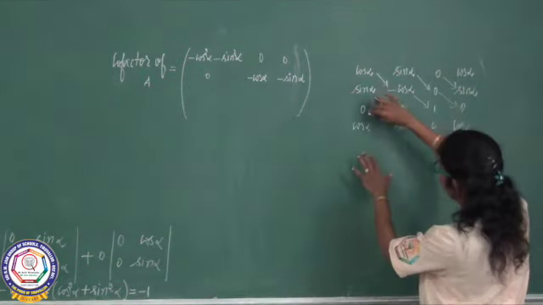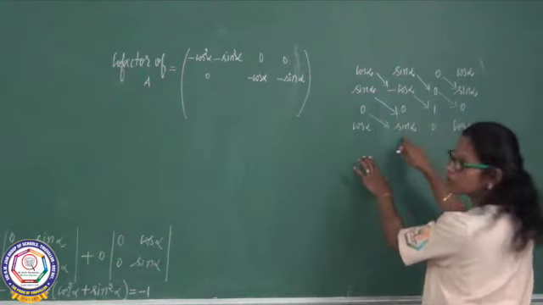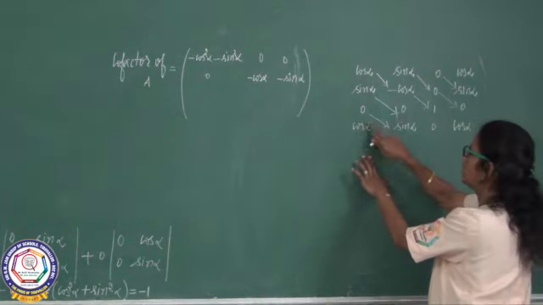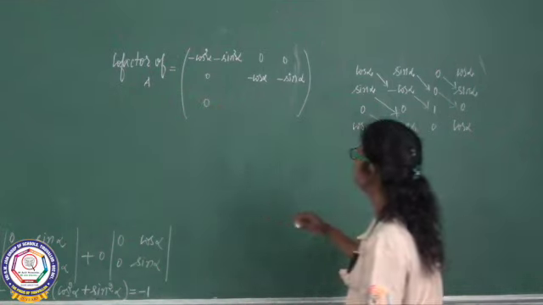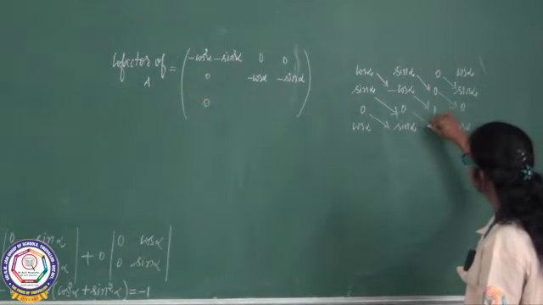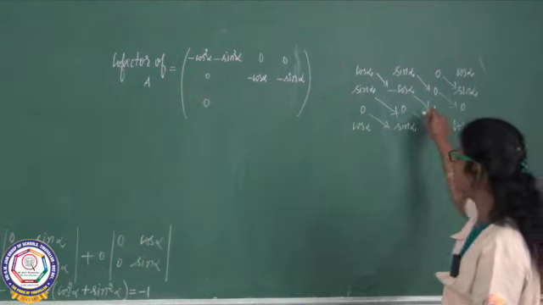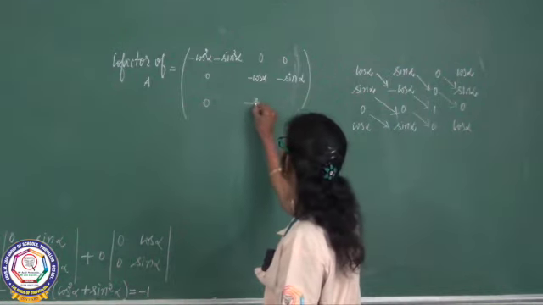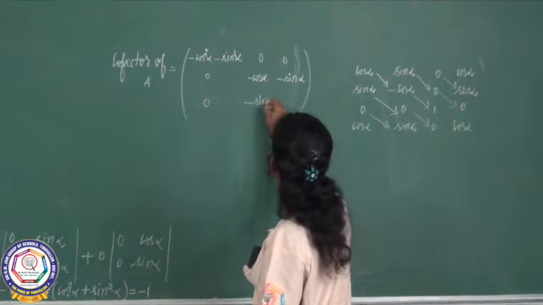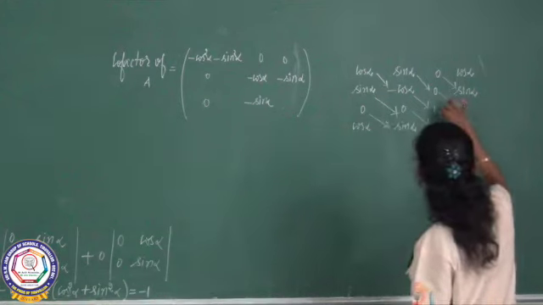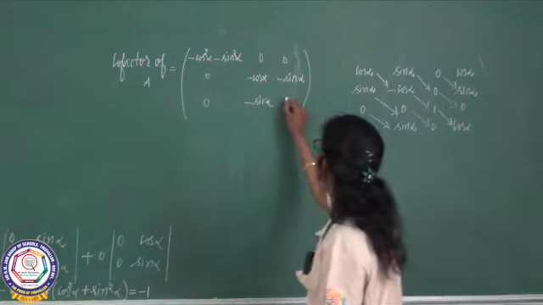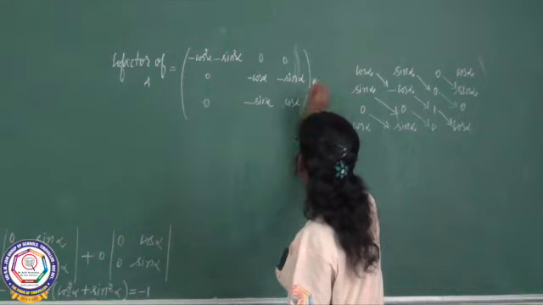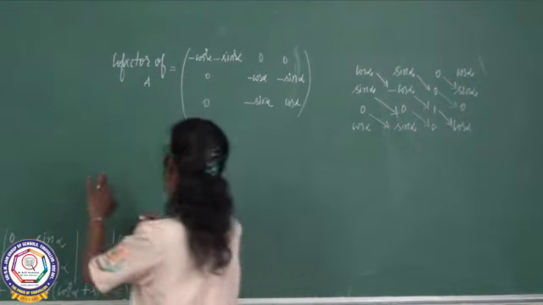The same way, 0 into sin alpha 0, minus 0 into cos alpha 0. So, you write only the element as 0. 0 into 0, 0, minus sin alpha. Next, 1 into cos alpha minus 0. So, you write cos alpha. This is the cofactor of A.